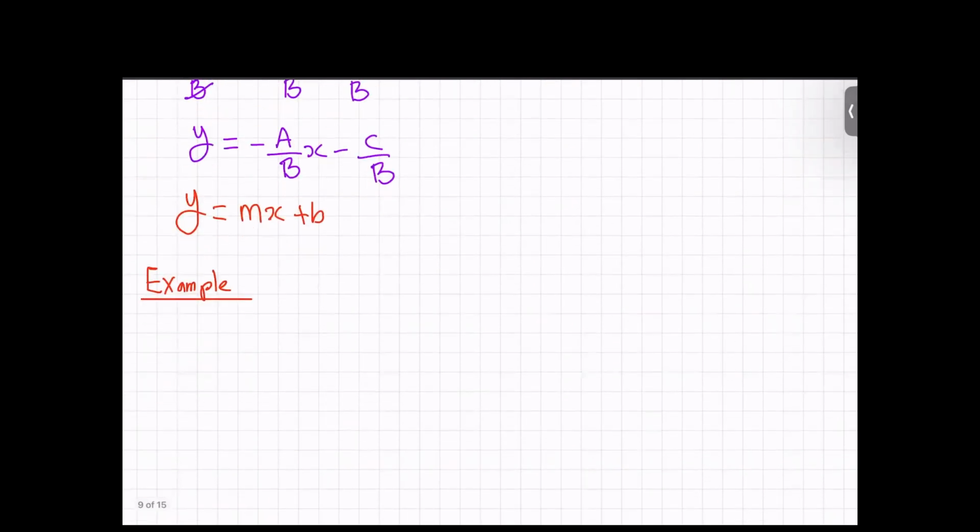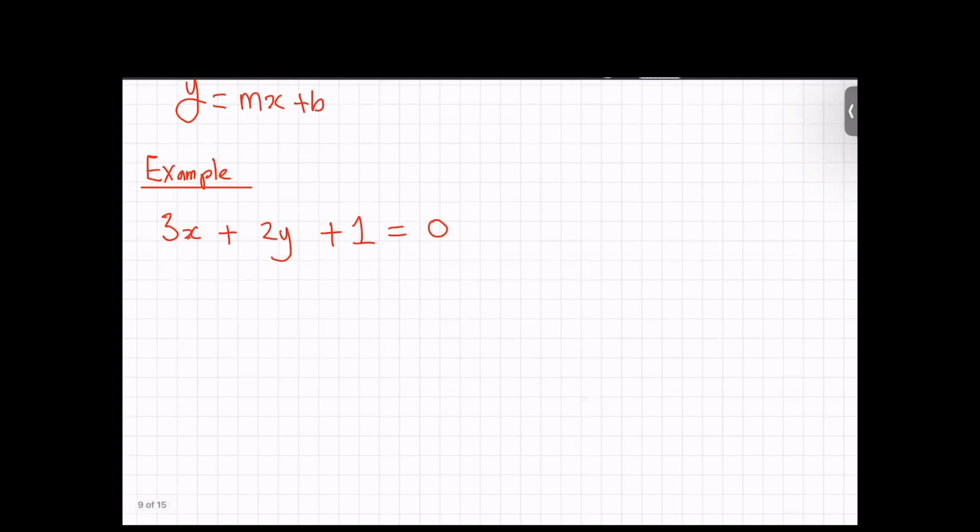So now let's consider this example, a random example popping out of my head. If I say something like 3x plus 3y, oh, that's kind of too obvious. How about 3x plus 2y plus 1 equals 0? How can we graph this?